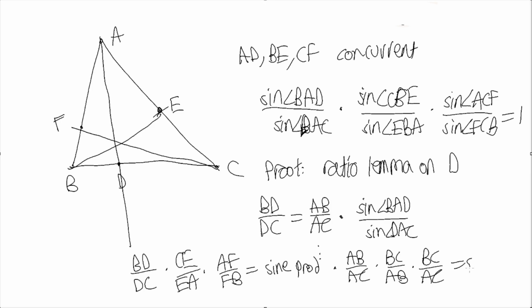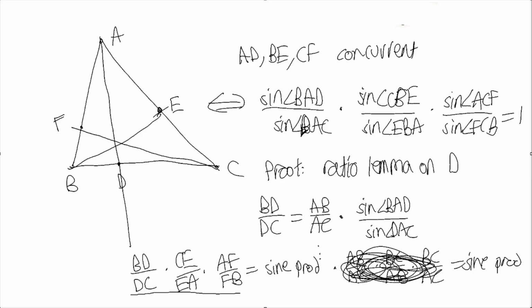And that's just equal to the sine product, since this term just disappears. So that means that the sine product is equal to 1 if and only if this product here is equal to 1. And this proves that AD, BE, and CF are concurrent if and only if this holds here.